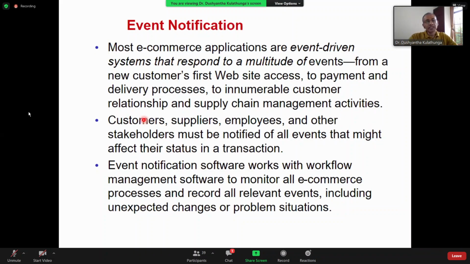There are certain instances where, when you purchase online, certain systems request you to confirm some other information like credit card information, or ask you to send an image of certain things. So the communication is first generated by these event notification systems and sent to the customers, and the customers will have to reply back with the relevant information.